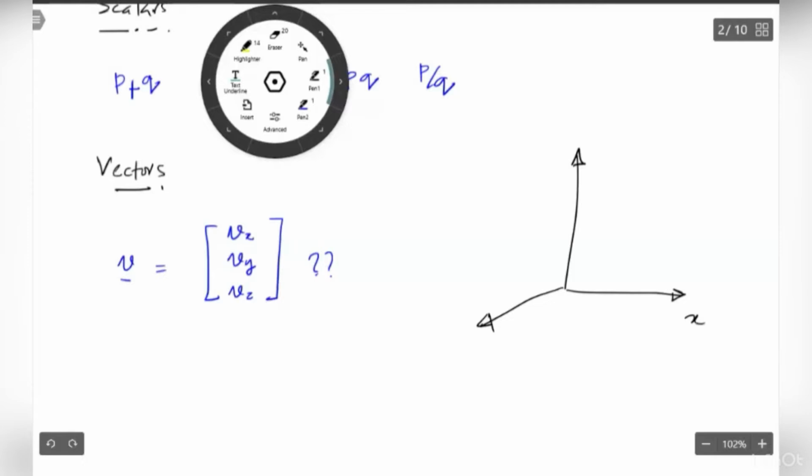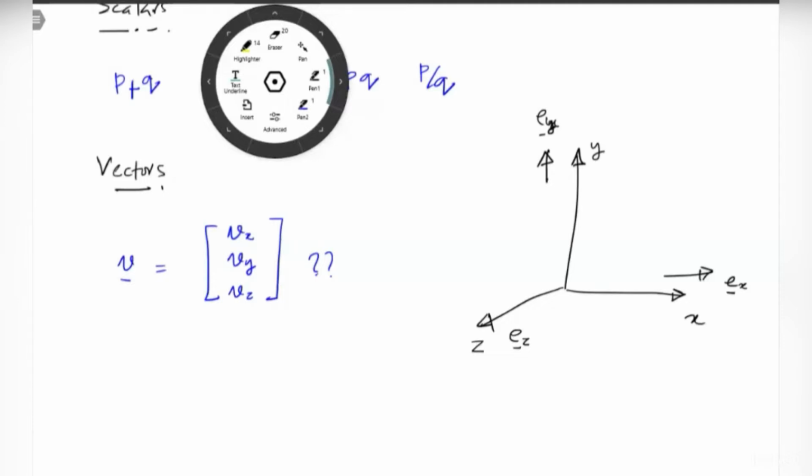Let's go with the simple one. If you remember your algebra or any basic mathematics course, you have unit vectors. You need the unit vectors in each direction to explain the vector in a very proper manner.